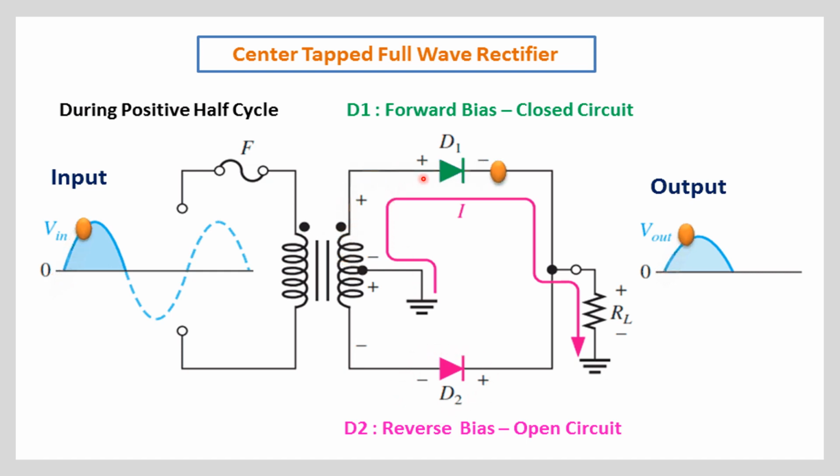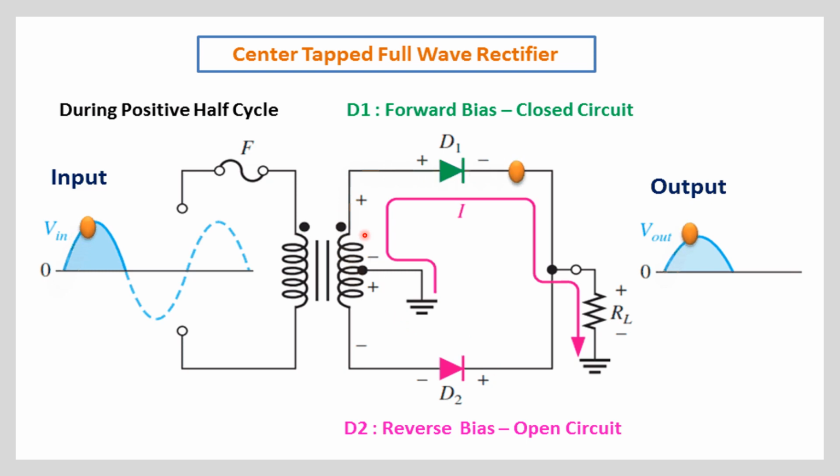Current flows through D1 and through the resistance RL to the ground, and we get the output. Clear? For the positive half cycle, it passes through the secondary, through the diode, through the load RL to ground.